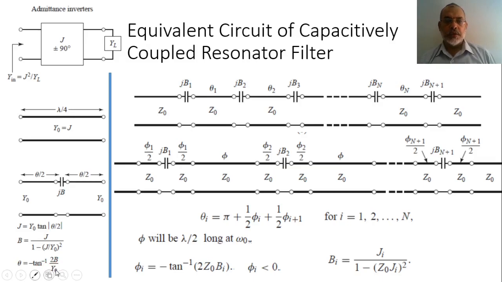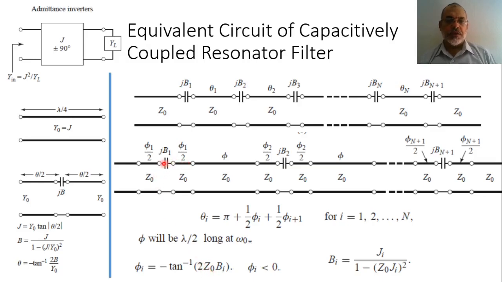In our case, we are going to call this theta over 2 phi 1 over 2, phi 1 over 2 for B1, phi 2 over 2, phi 2 over 2 for B2, and so on. This means that phi i would equal minus tan minus 1 of 2B over Y0, which equals multiplying by Z0.